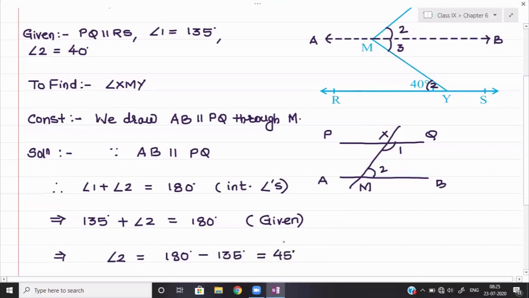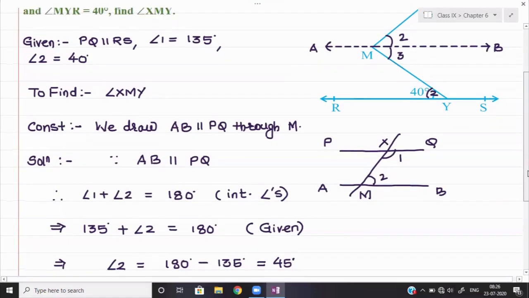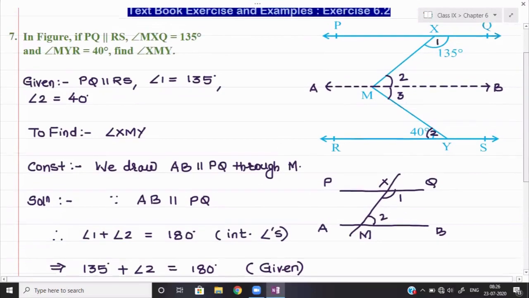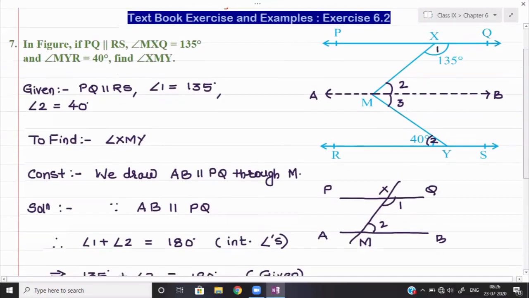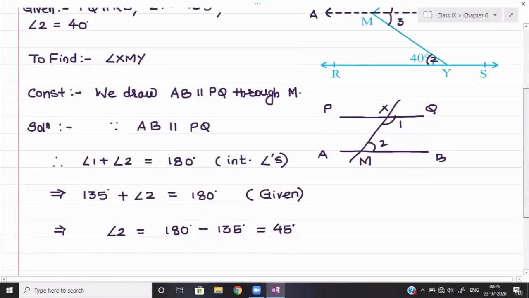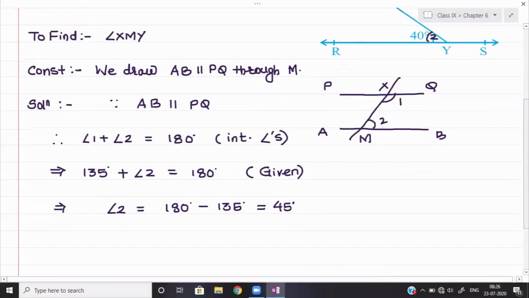So observe, a part of the required angle, angle XMY, we found here. Angle 2 is a part of the required angle, and one part we have got easily. So now angle 2 is equal to 45 degrees. That is my equation number 1.